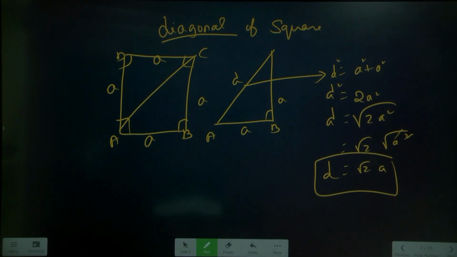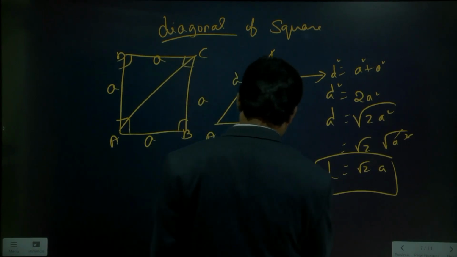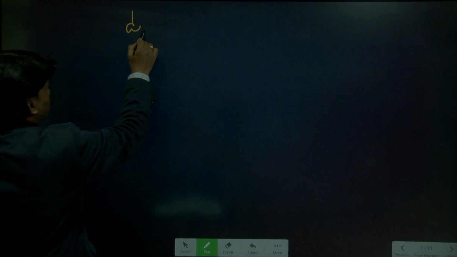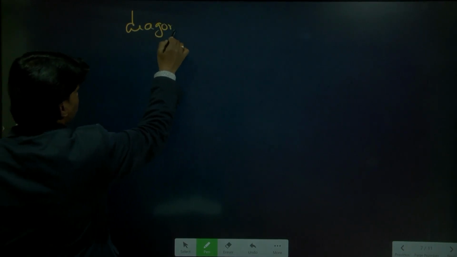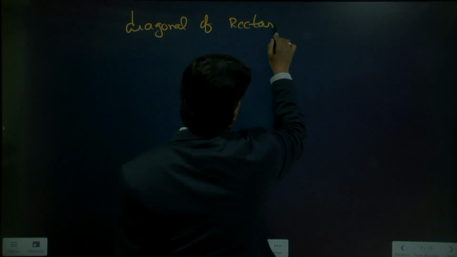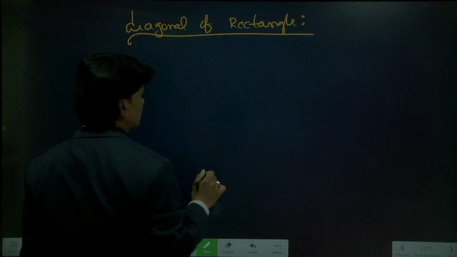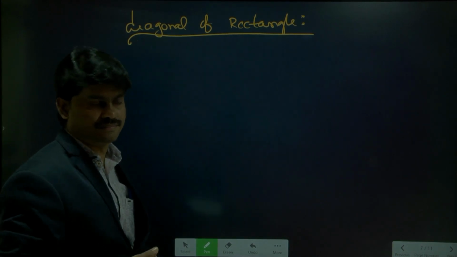Next, now we will check the diagonal of a rectangle. How to take the diagonal of a rectangle?